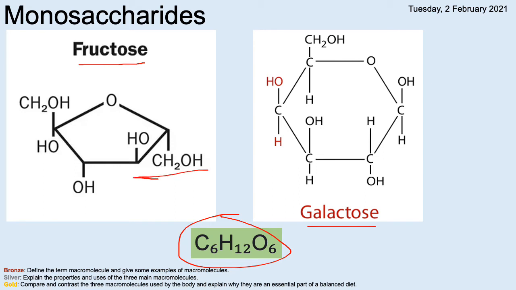So as you can see here, this one is a pentagon. So I'm just going to write pent because I really can't write that much on a trackpad. And then this one is also hexagonal. But if you look here, this is the difference between glucose and galactose.